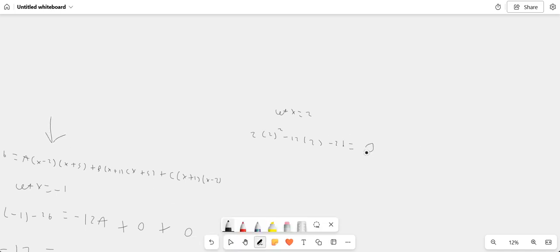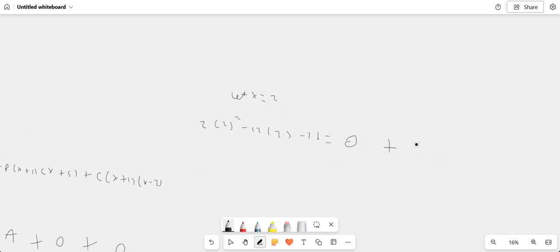Second one is b open bracket 2 plus 1 is 3, 2 plus 5 is 7, so 3 times 7 is 21, so that's 21b. And then the third one also has x minus 2 bracket, so it becomes 0. Left hand side cleans up to minus 42. If you put that in the calculator, equal to 21b. So b is equal to minus 2.